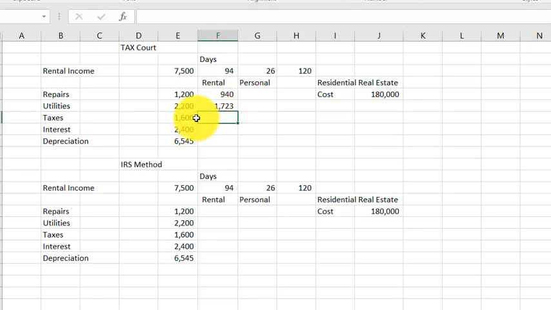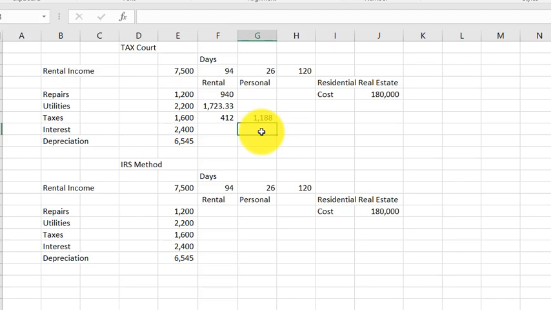Now, according to the tax court, you can use a different allocation, and you can use the number of days divided by 365, and then the rest of it could be a deduction on the Schedule A for property taxes.